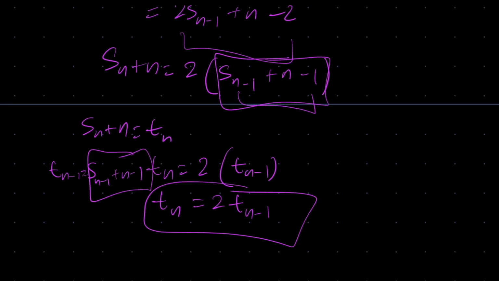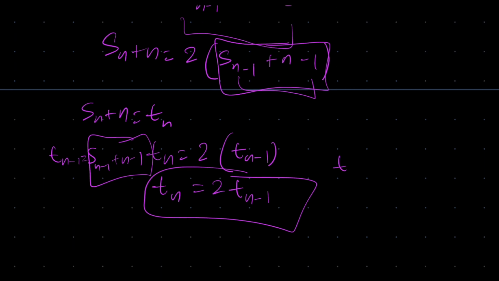Why? Well, now we know that T_n is a geometric sequence. So what's T_1? T_1 is S_1 plus 1, which is just 2. And since the common ratio is 2, we can conclude that T_n is 2 to the n. But T_n is S_n plus n.